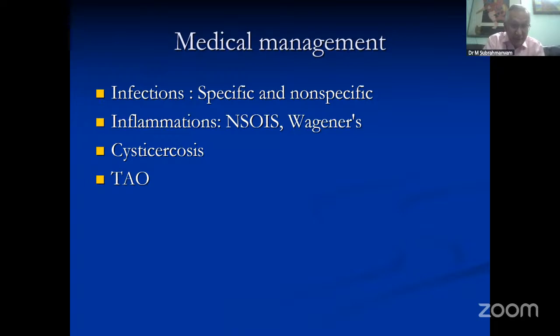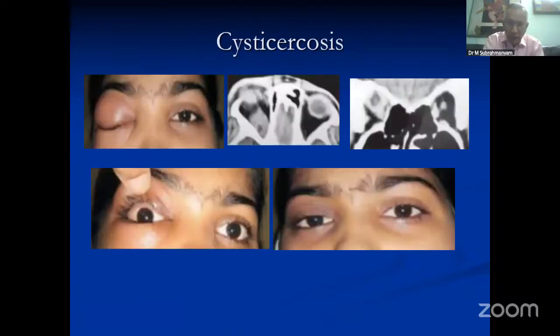And if the patient responds, surgery need not be done. So, medical management has a very, very important role, especially in DAO, which is the most common cause of both unilateral as well as bilateral proptosis.